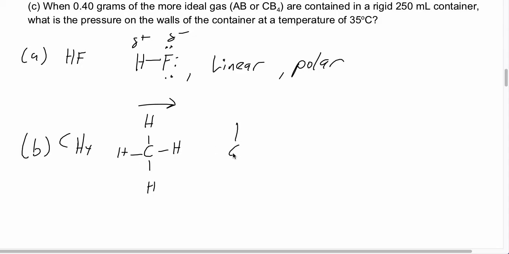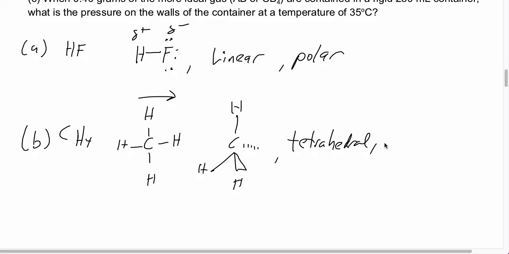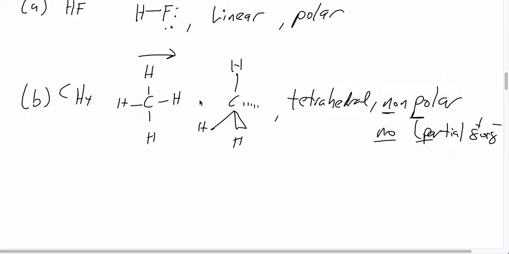And we know that that actually is a 3D molecule that is forming that shape, and we know that that is called tetrahedral. Immediately, if all you see is carbon and hydrogens, you know that it's going to be non-polar. And if it's non-polar, we see no partial charges. If they are there, they cancel out, kind of like in CO2.